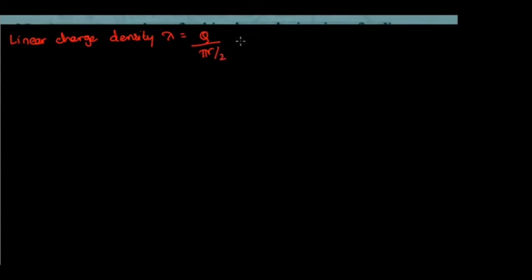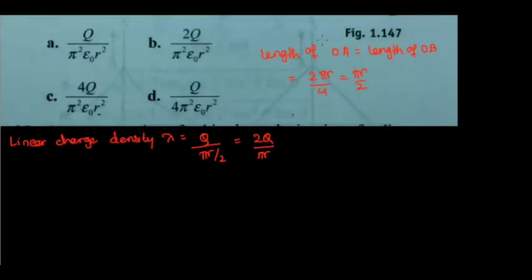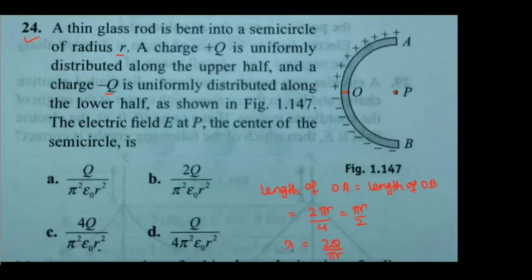The length is pi r by 2, so it will be 2q by pi r. So we got that the linear charge density lambda is 2q by pi r, and we have to find the electric field at this point P.